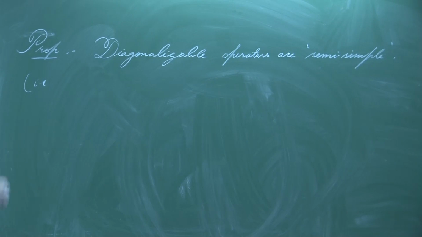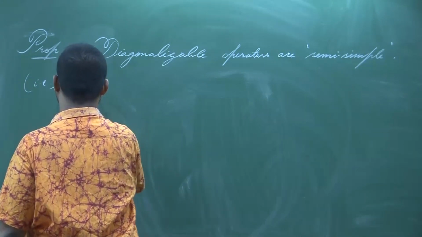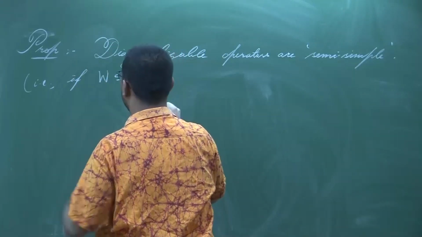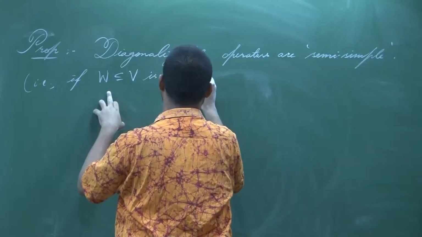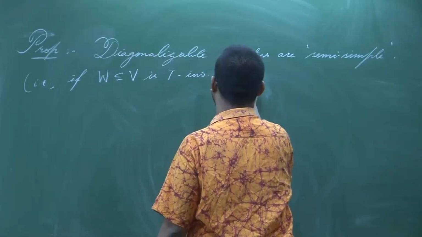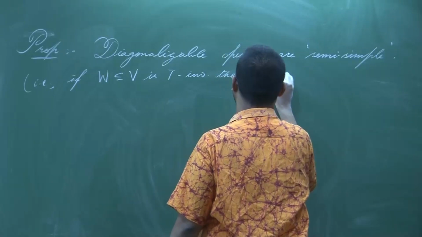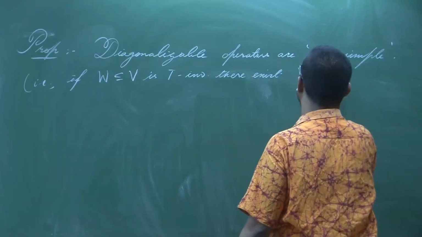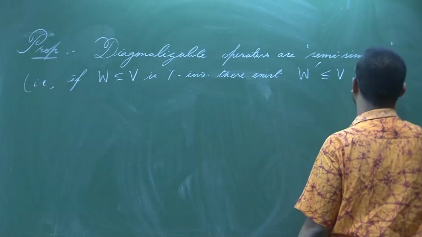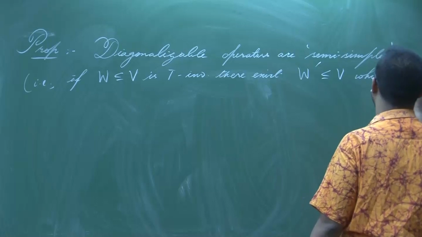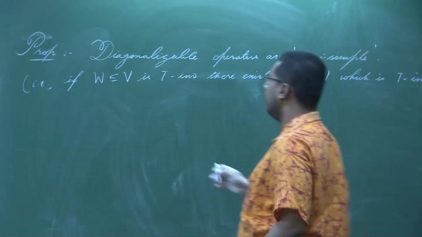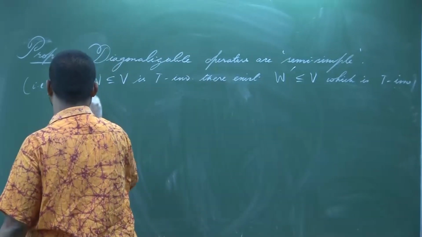So, if W is T invariant, whenever W is T invariant, there exists another W prime which is T invariant and of course a complement, otherwise it does not make any sense.